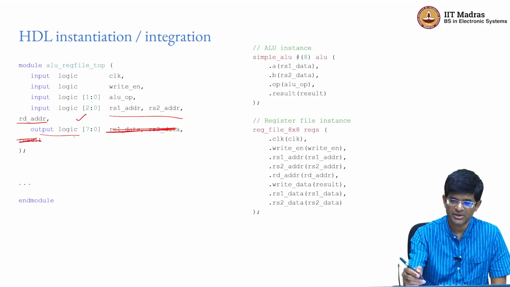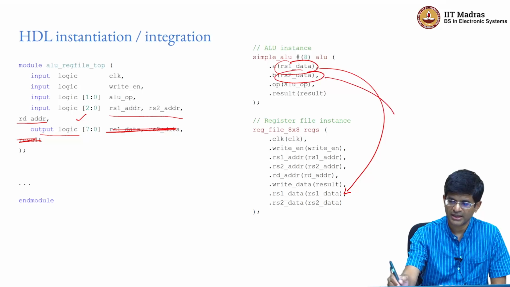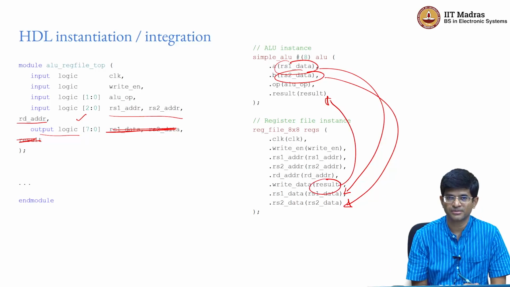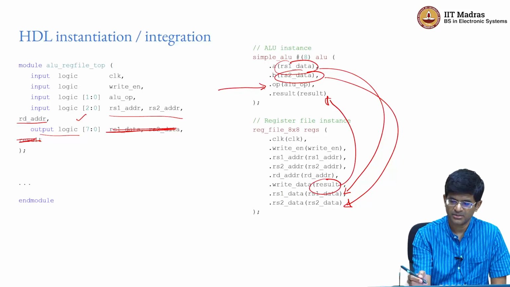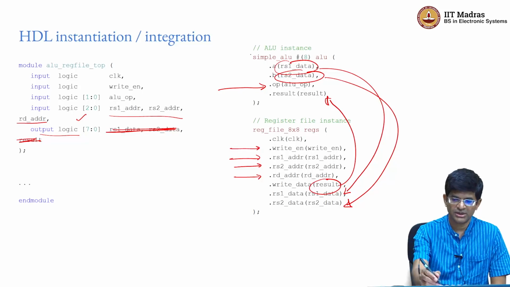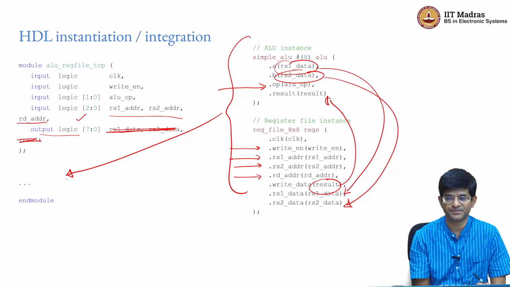Strictly speaking, all that happens over here is RS1 data gets connected to the RS1 data out here, RS2 data gets connected to the RS2 data out here, and the result gets connected to the result out here. So this forms the closed loop that we have over here. The operation, the write enable signal as required, as well as all the addresses that I am concerned with are actual inputs that come in from outside. So these blocks sit inside the module that we have out here.